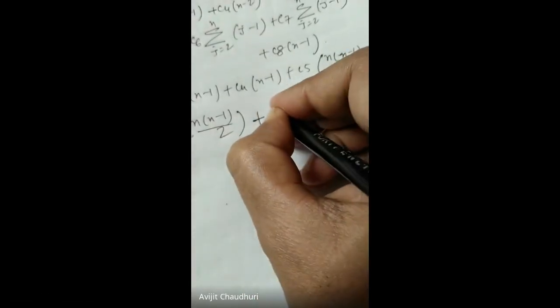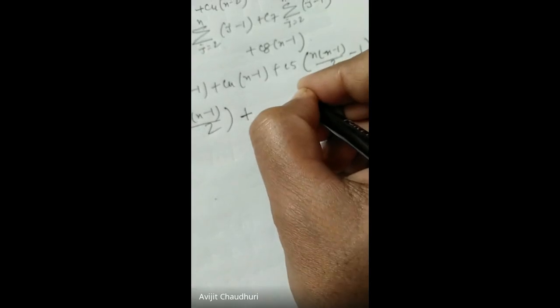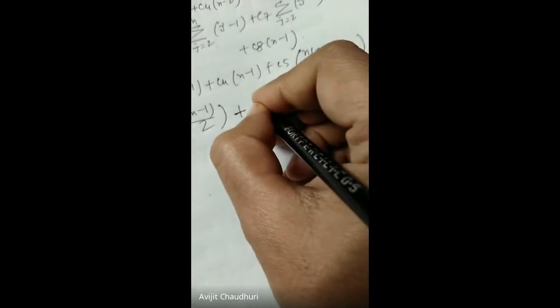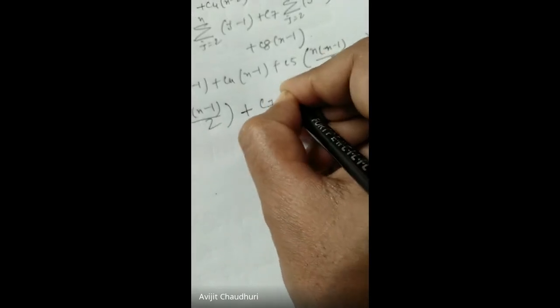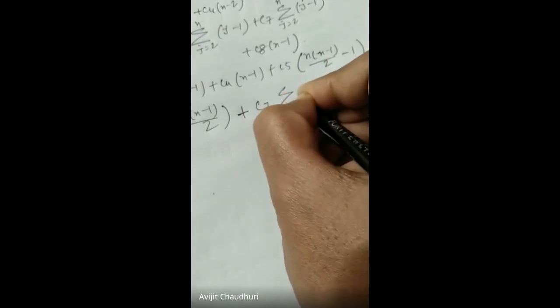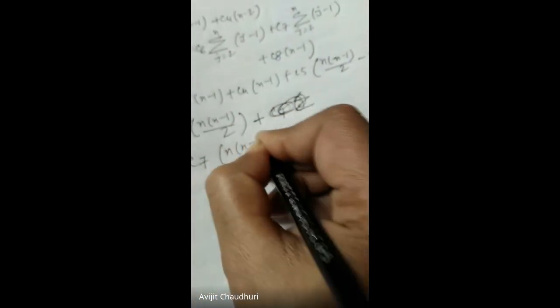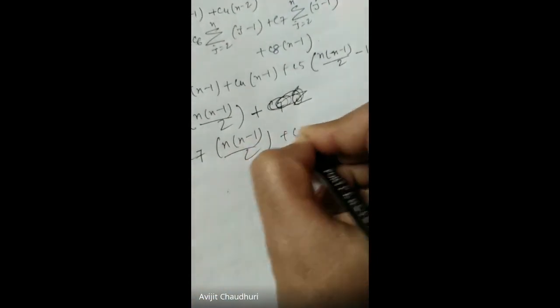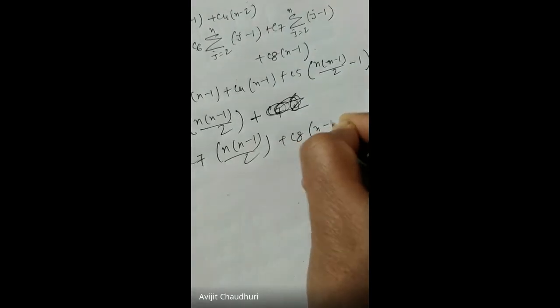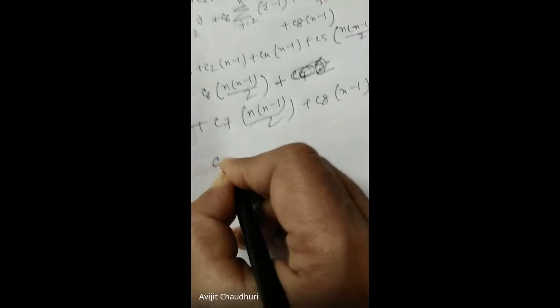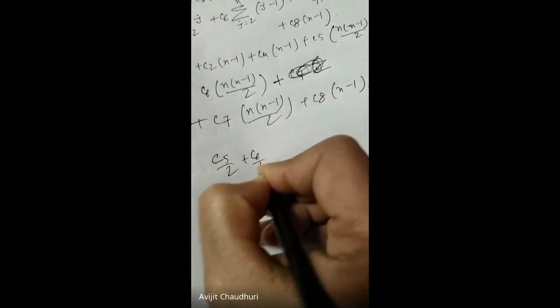Plus C7 n into n minus 1 by 2 plus C8 plus 1 is equal to C5 by 2 plus C6 by 2 plus C7 by 2 into n square.